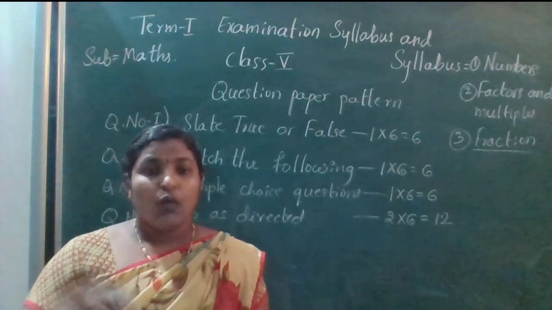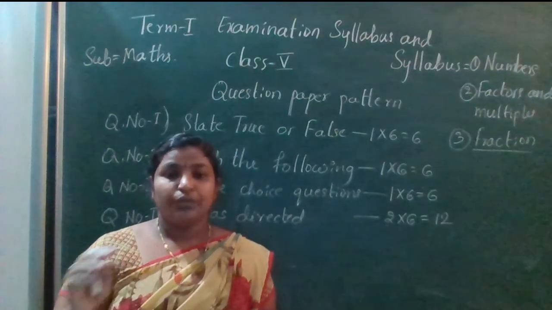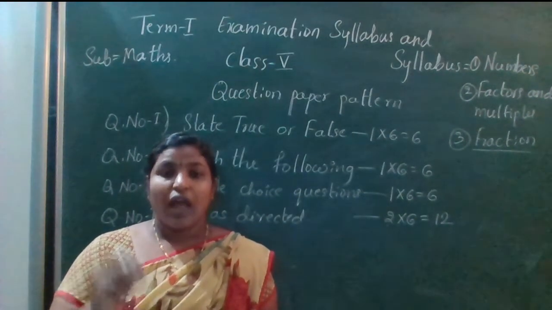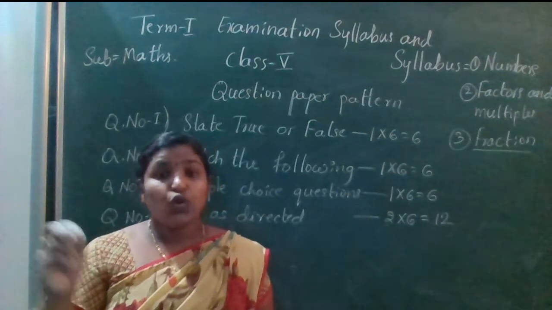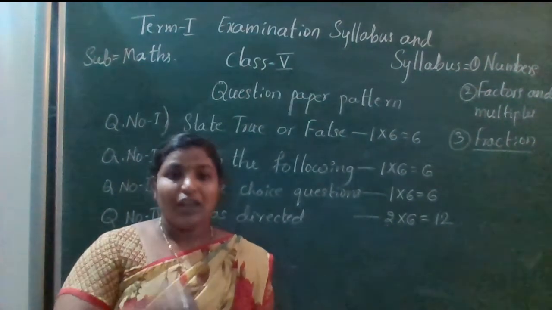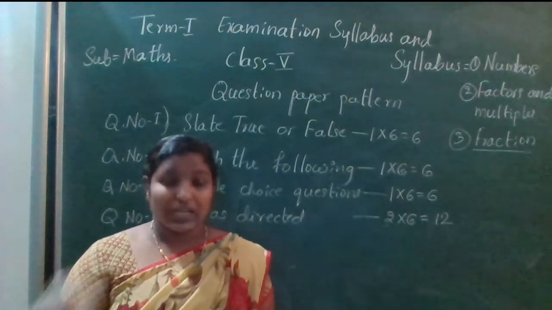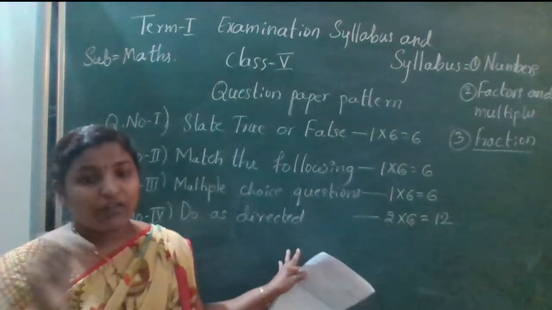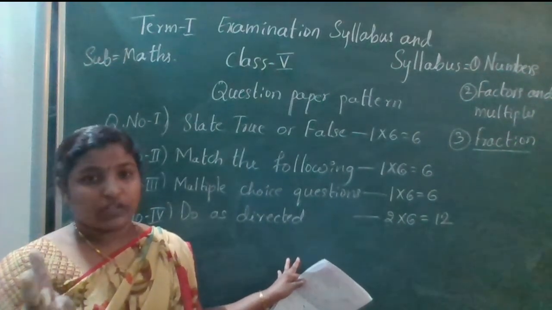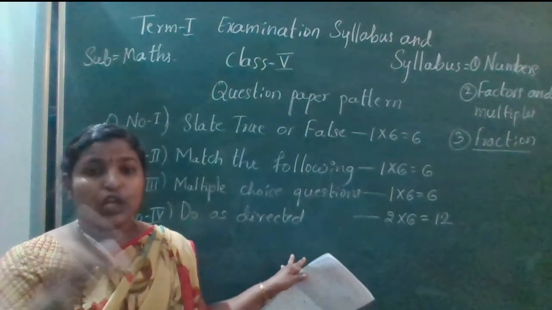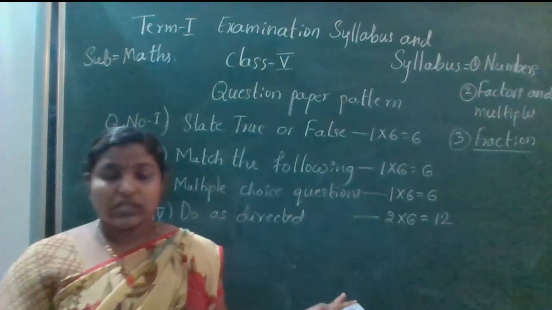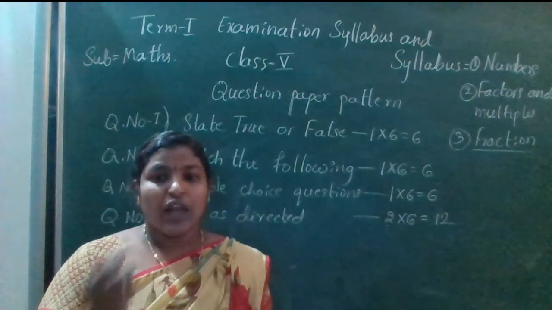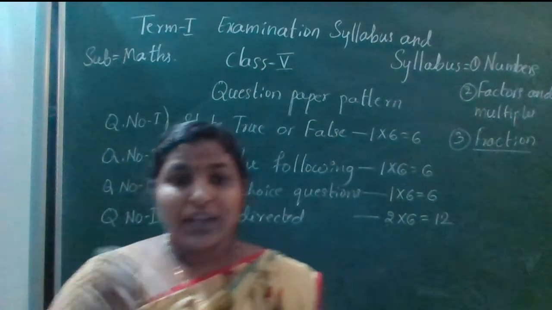So this is one. One more you will get: write the first 5 multiples of 15 and write the first 2 common factors of 12 and 6. Questions like these you will get in do as directed. Every question will carry 2 marks. In this part you will solve the problems. Suppose one more example I will tell you: expand the following.